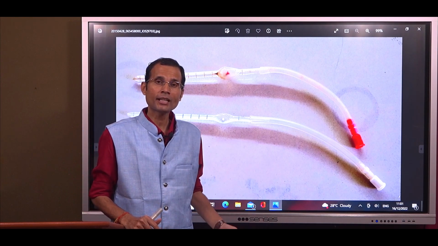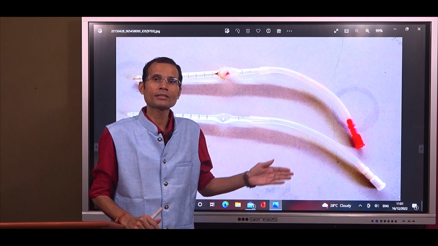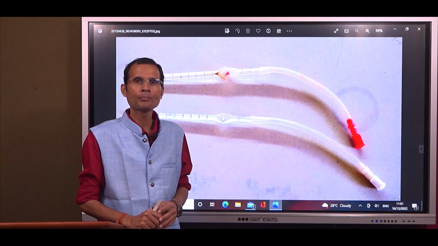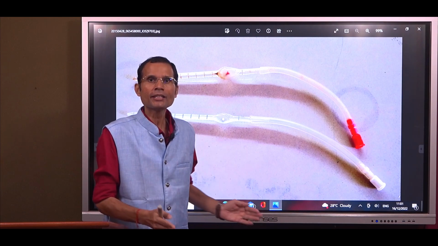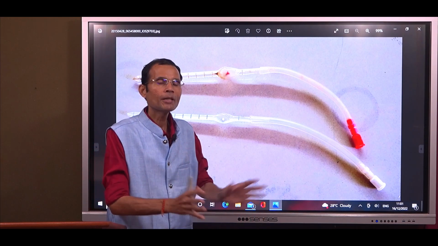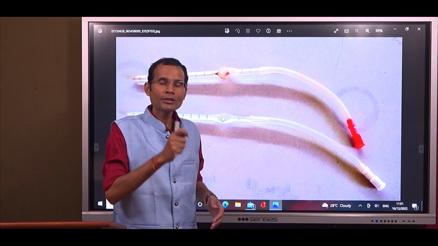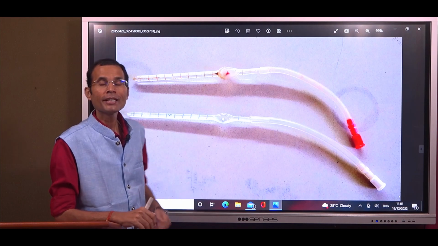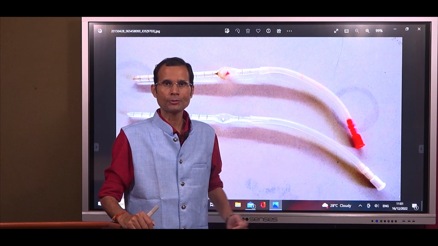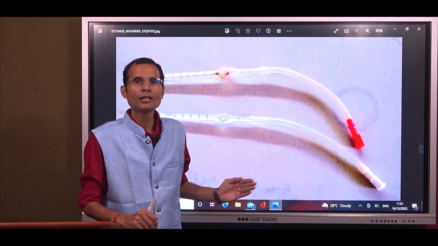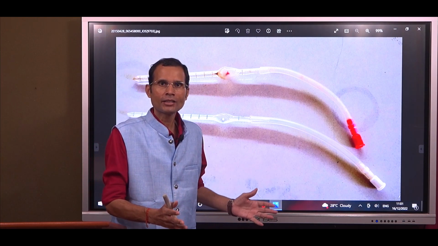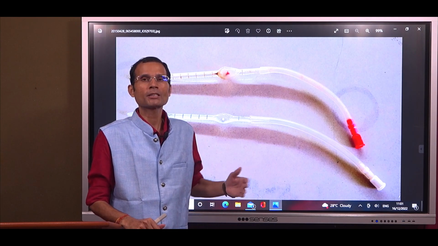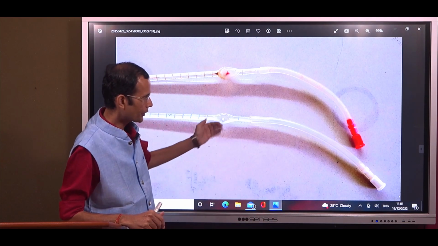But in the case of RBC count, RBCs, they are in millions, 50 to 60 lakhs or 5 to 6 million per cubic millimeter of blood. So we will need a greater dilution to disperse those cells so that we can count them under the microscope, manually count them under the microscope. And therefore we need 200 times dilution. So remember, dispersion will have to be greater in the case of RBC count, because RBC number is much larger, much greater as compared to WBC count.